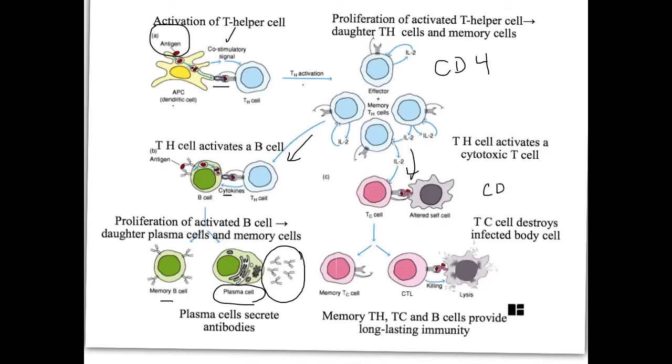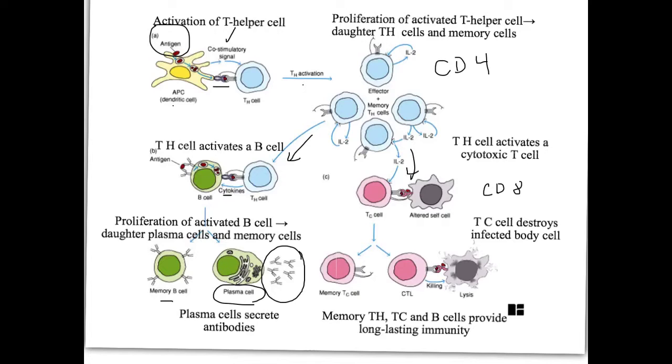These CD8 cells, as they're circulating, will be looking for any body cell type that has taken in this particular antigen and have been infected by it. These altered self cells are displaying particles of the antigen in combination with MHC class 1. Remember, this signal says, "kill me," and that's the response of the cytotoxic T cell.